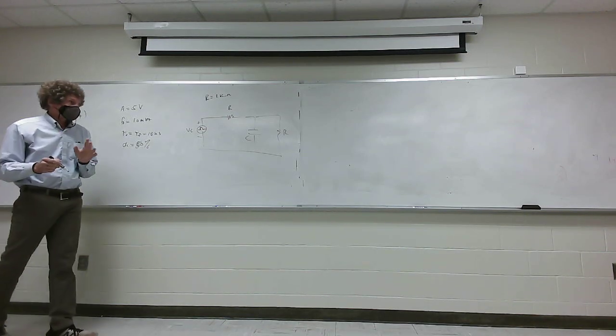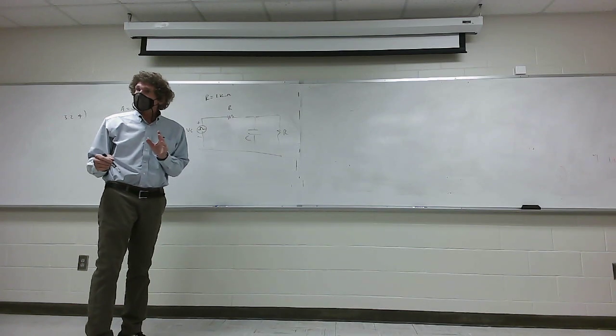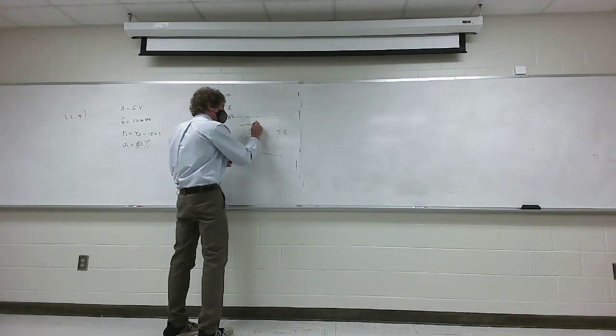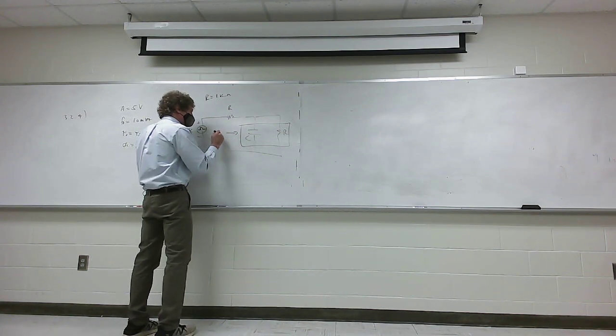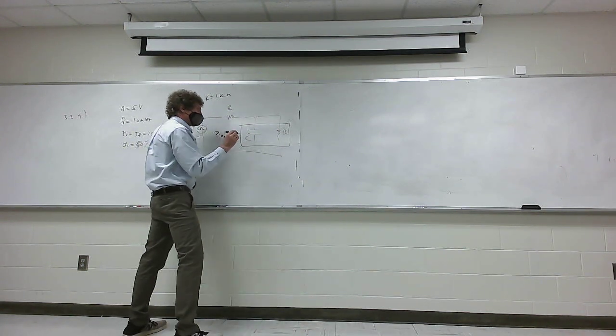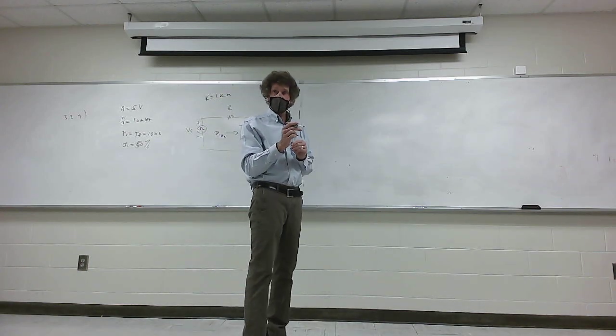So let's do it this way. I want you all to follow me on this. I'm going to take a look at these 2 parallel components, and I'm just going to call the impedance of that branch ZRC. Do y'all follow me?